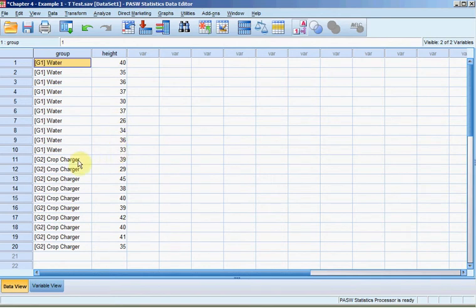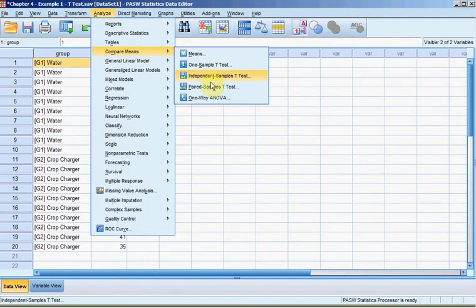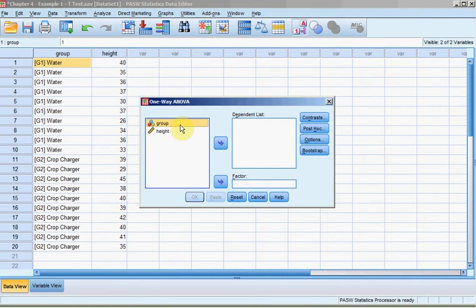We then go over to the second row and enter the data on the heights from the crop charger group. We'll then go to Analyze. We go to Compare Means, One-Way ANOVA, and for group, we'll load that into Factor, and for height, we'll load that into the Dependent List.